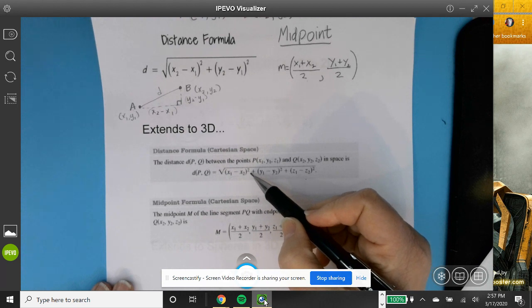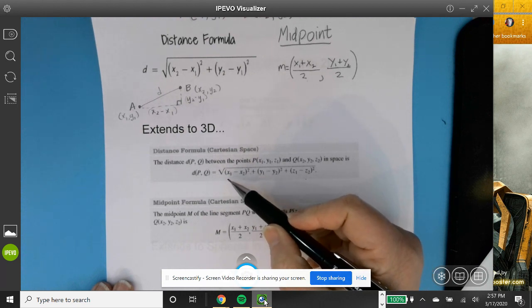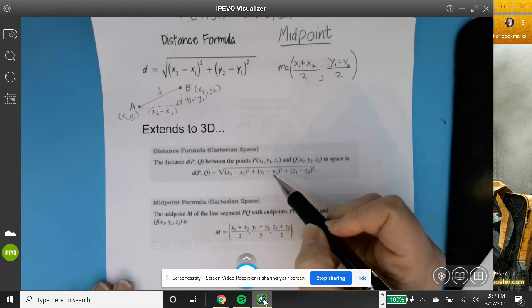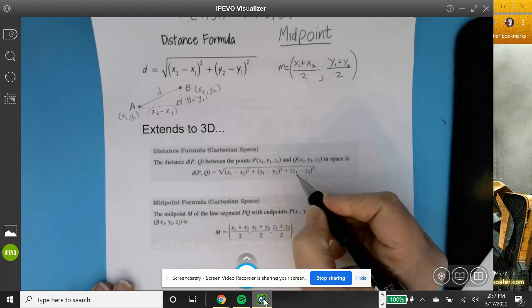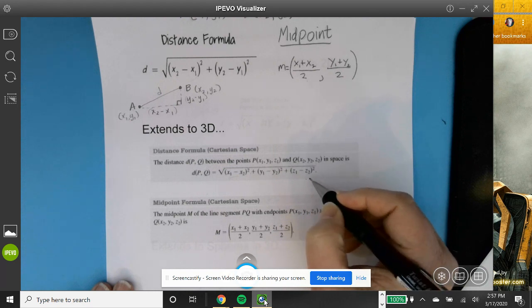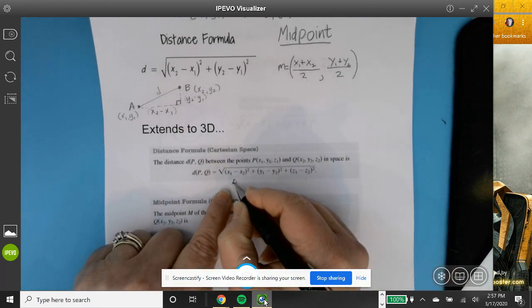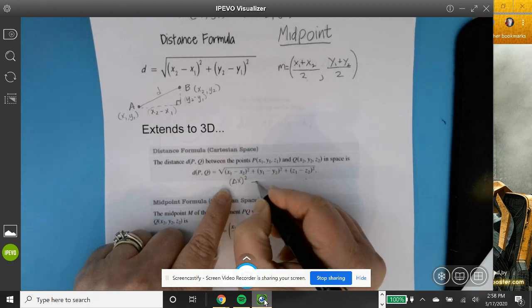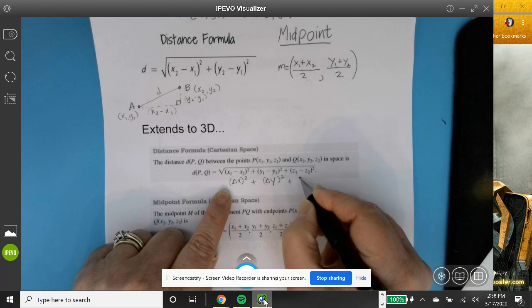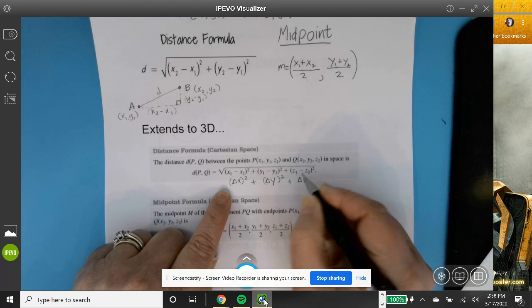It's going to be a positive number no matter what. But our book has it as (x sub 1 minus x sub 2) squared plus (y sub 1 minus y sub 2) squared plus (z sub 1 minus z sub 2) squared, which is the difference in, right? And a good way to do this is delta x quantity squared plus delta y quantity squared plus delta z quantity squared.